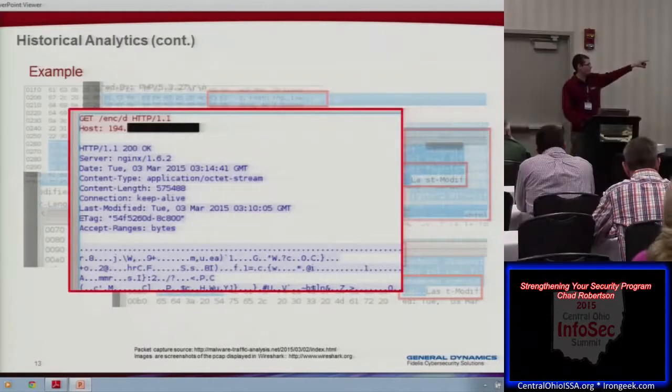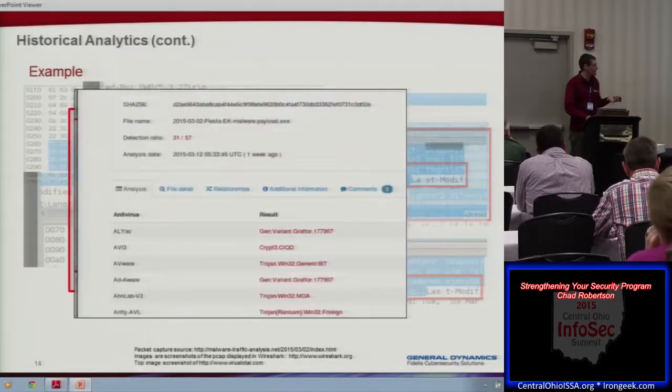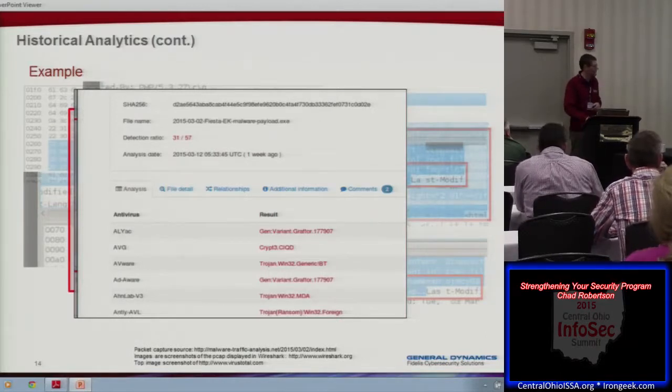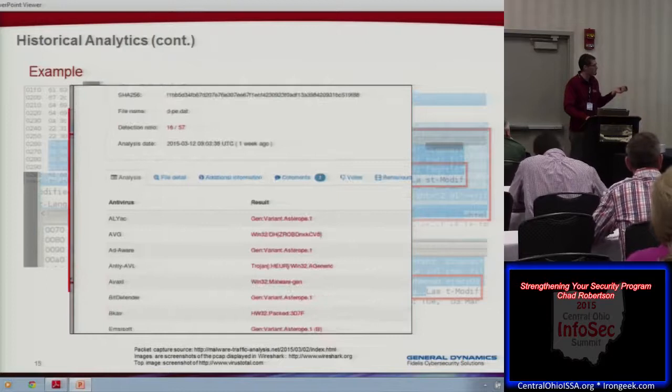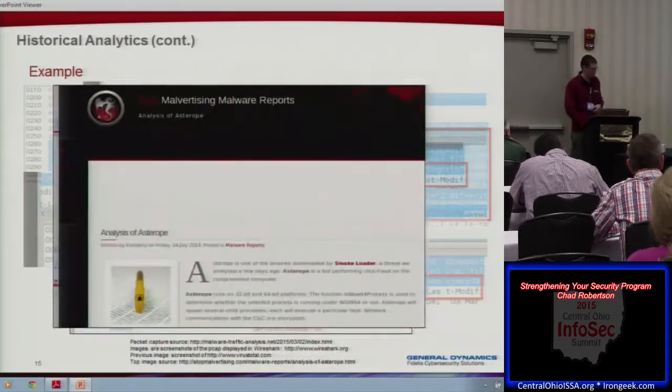And so this traffic is going out and getting a downloader, which then, if you look on VirusTotal, is this executable. And then later, next is the actual payload. In this case, the payload is Astra. And we can find out a little bit of information about that on the web.